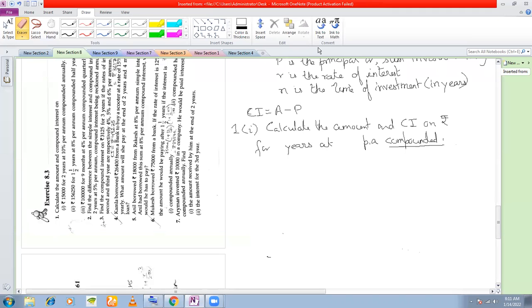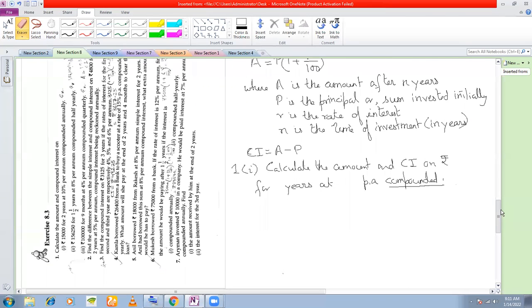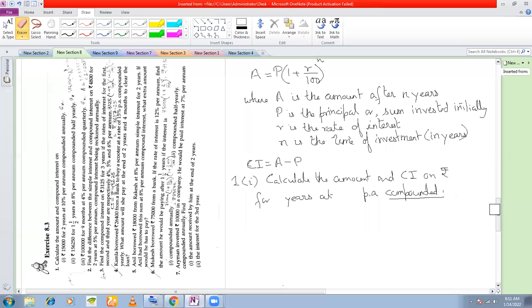Now the next problem states: calculate the amount and compound interest on 1,56,250 for 1.5 years at 8% per annum, compounded half yearly.